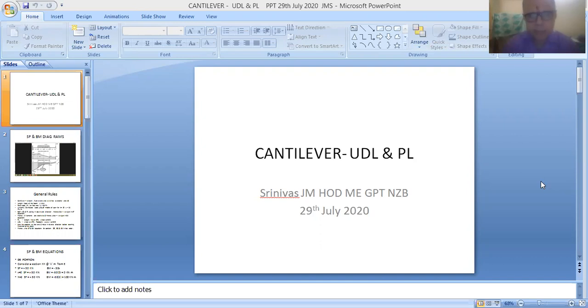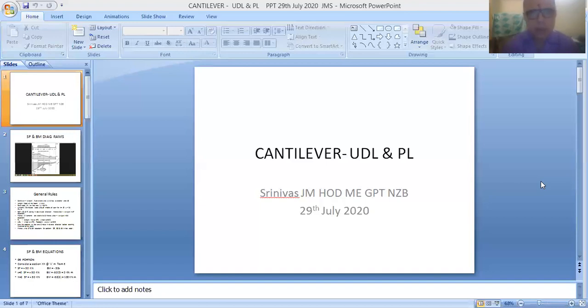The first one is referred to as point load or concentrated load, and the second one is referred to as uniformly distributed load, which is generally referred to as UDL. Point loads are called PLs, and uniformly distributed loads are referred to as UDLs.